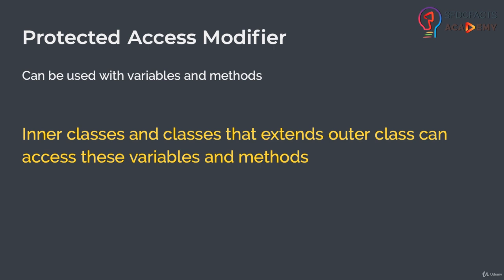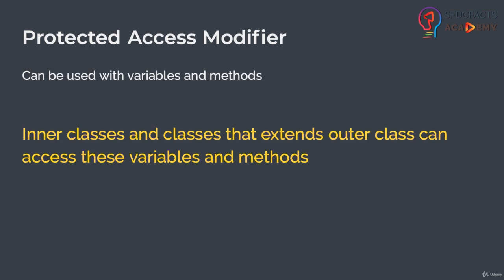And not only your inner classes, even the other Apex classes which extend your outermost Apex class can also access these variables or methods. Again, the protected access modifier is not available for the outermost Apex classes. Your outermost Apex classes can either be public or global.